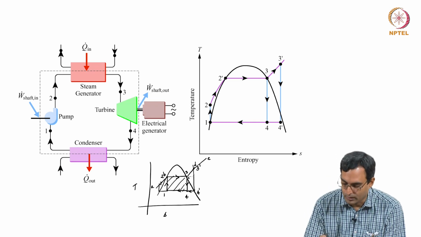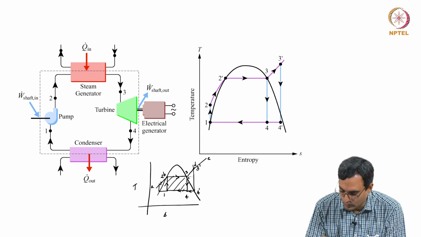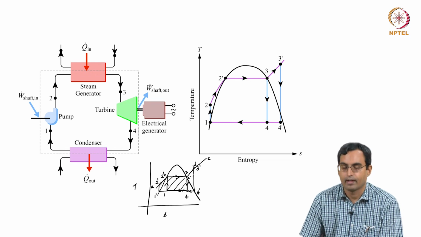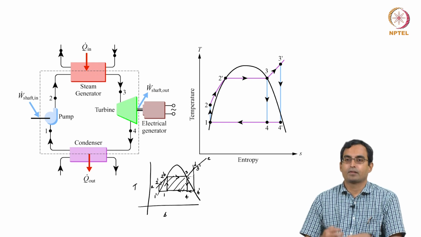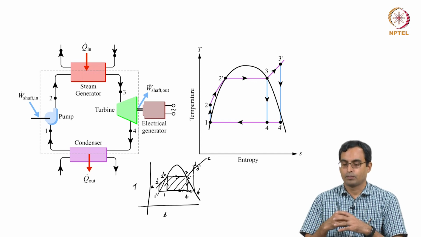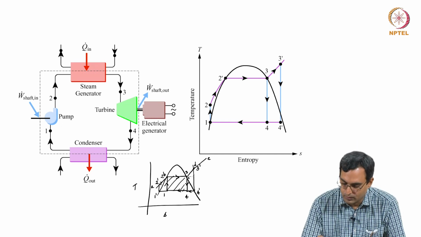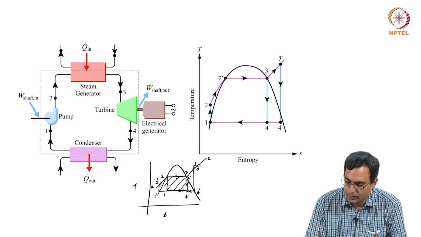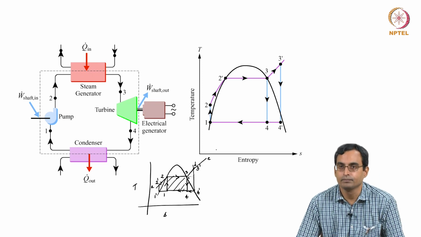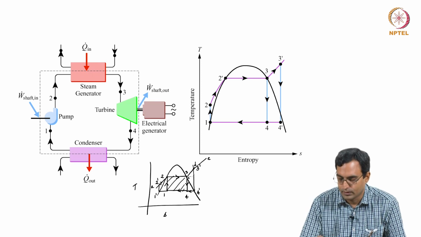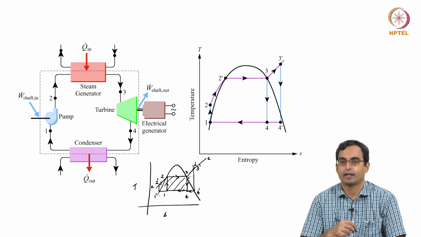So, what I can do now is, instead of using this old point 1 here, I start with some 1' and compress up to some 2'. When I reach 2', I have reached the pressure which is there at both point 2 and at point 3 and so on. So, this is useful for me because it has also another advantage.